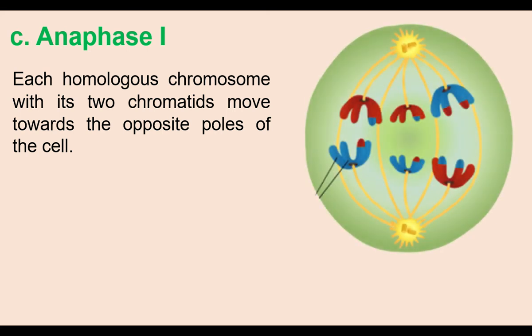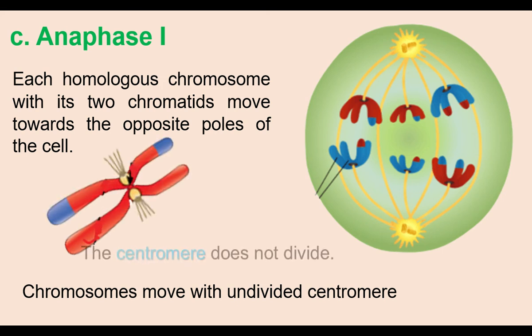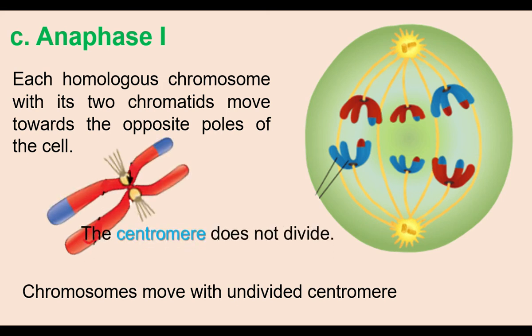Here the diagram shows the movement of chromosomes towards opposite poles. Chromosomes move with an undivided centromere. The centromere does not divide, so the chromosomes move with their chromatids.